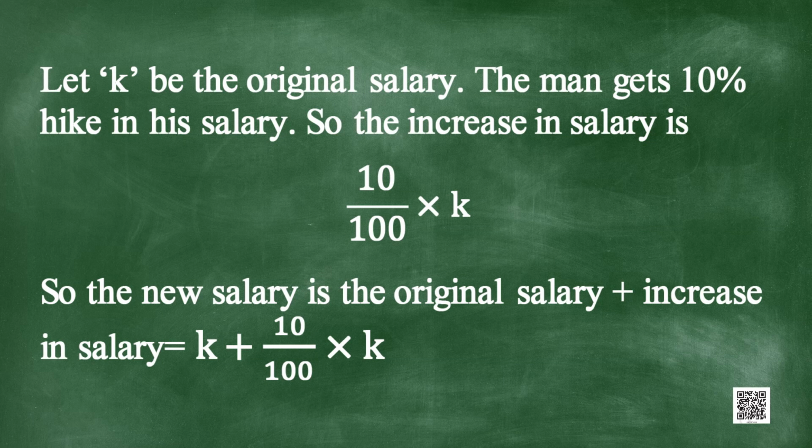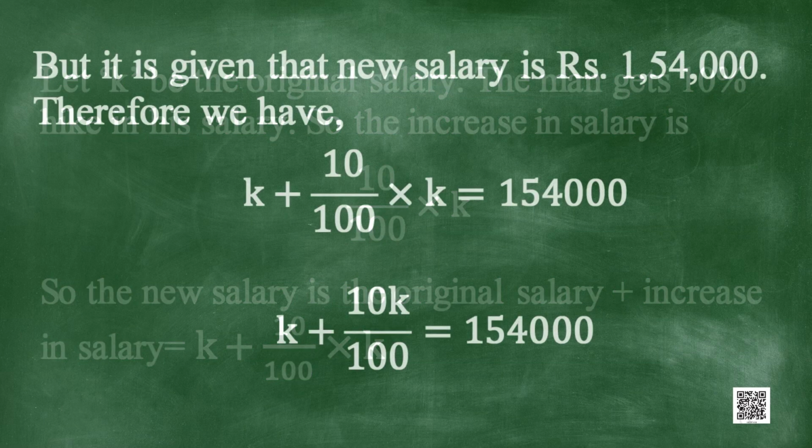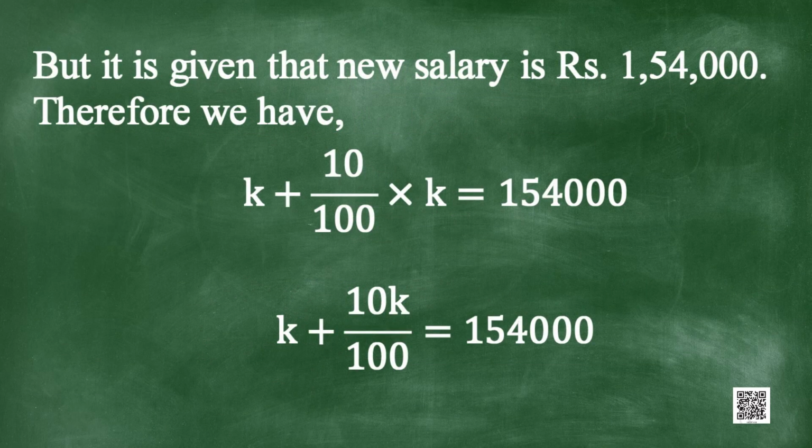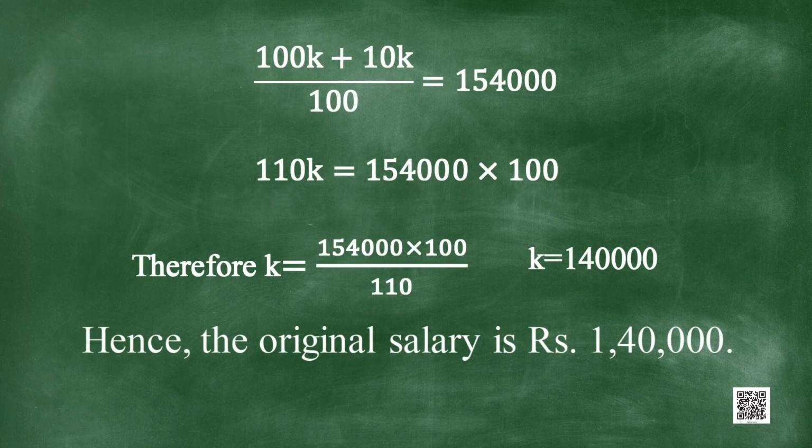But it is given that the new salary is rupees 1,54,000. So, therefore, we have k plus 10 by 100 of k is equal to 1,54,000. That is nothing but k plus 10k by 100 is equal to 1,54,000. On simplifying, we get (100k plus 10k) divided by 100 is equal to 1,54,000.